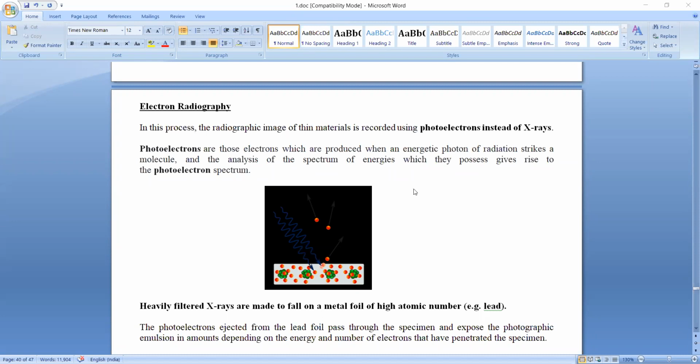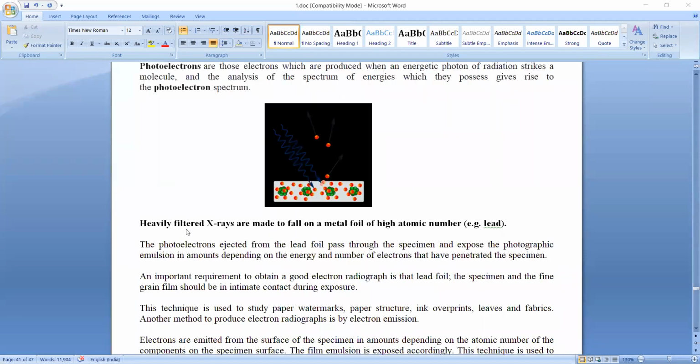Here is how the electron spectrum is generated. Heavily filtered X-rays fall on a metal foil. Here the metal is lead, meaning high atomic number materials are used. When these heavily filtered X-rays fall on the lead, this photoelectron spectrum is generated automatically.